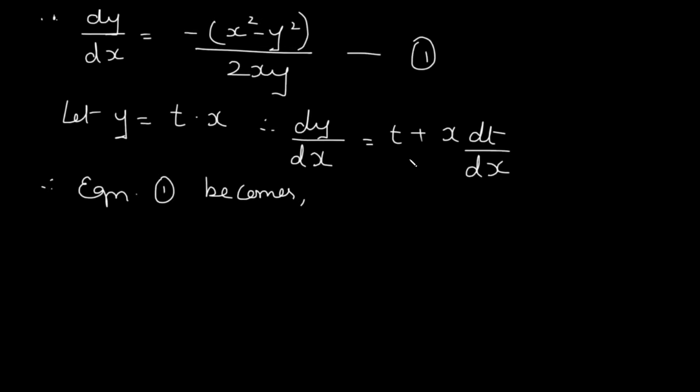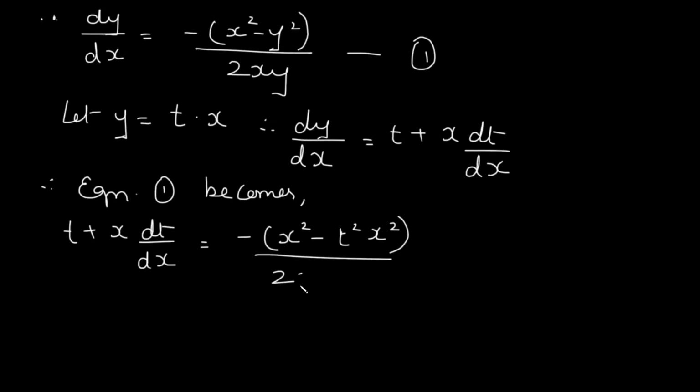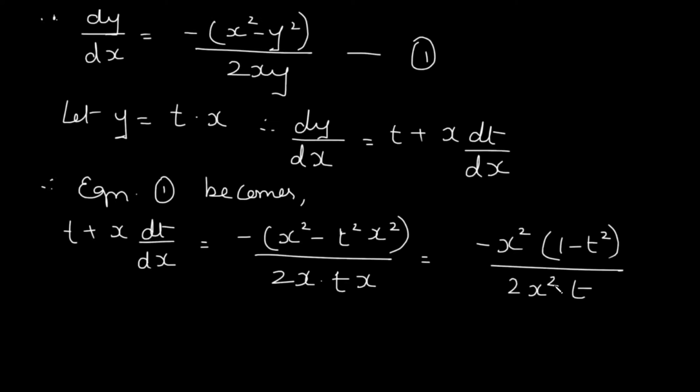Now dy by dx is written as t plus x dt by dx is equal to, on the RHS wherever y is there we'll put tx. So x square minus y square becomes t square x square upon 2x into y becomes t into x, which is, now x square is taken common in the numerator, we get 1 minus t square in the bracket upon, now here again 2x square t.